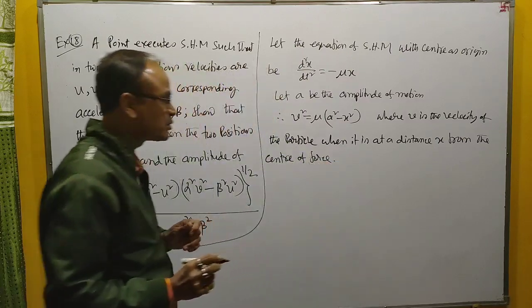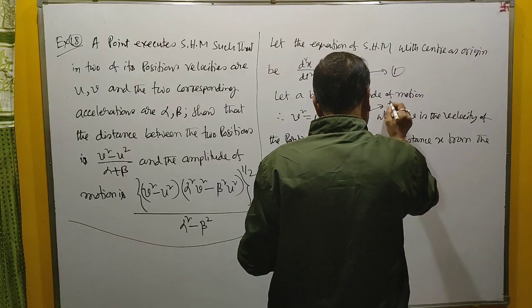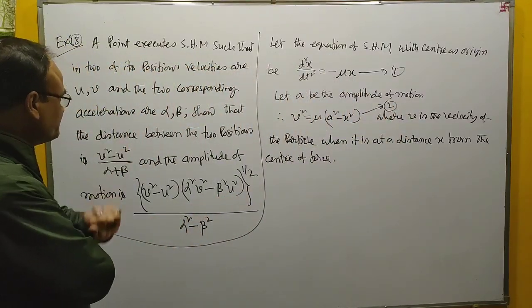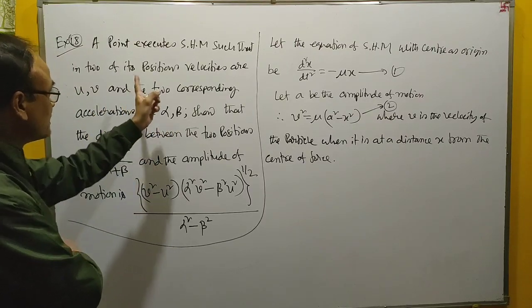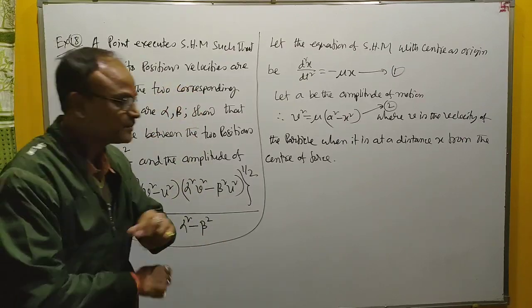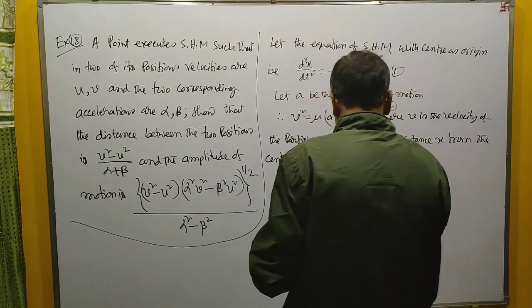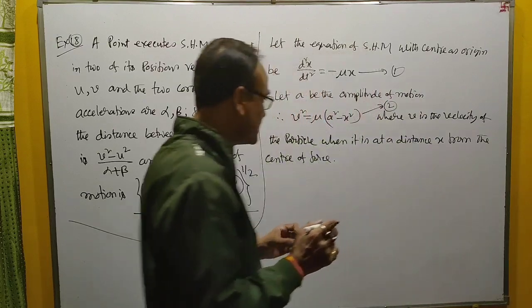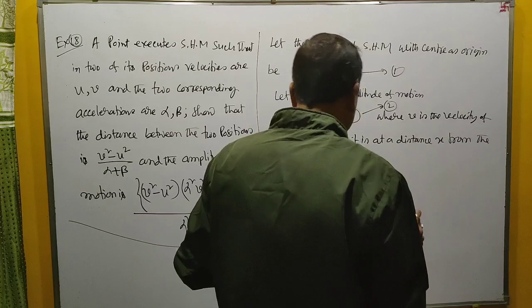Let it be number 1 and number 2. Now u and v, at two positions, are the velocities of the particle.